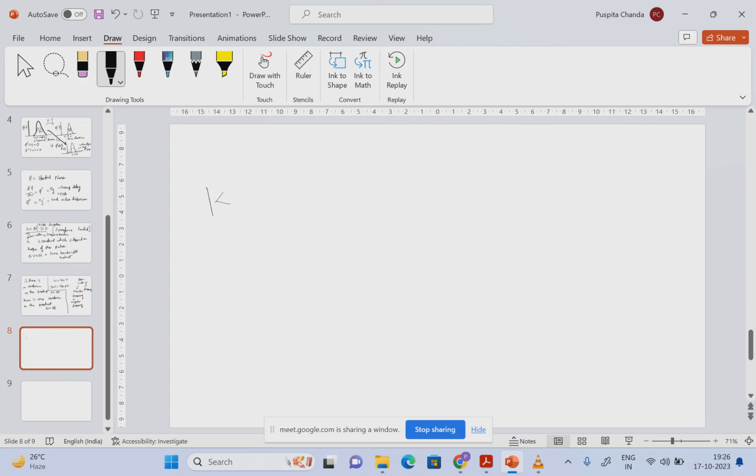So this value k is different for different shapes. For Gaussian, this value is 0.441.